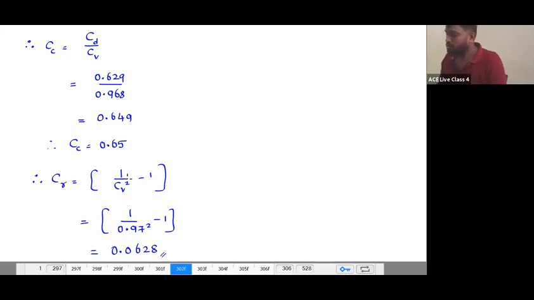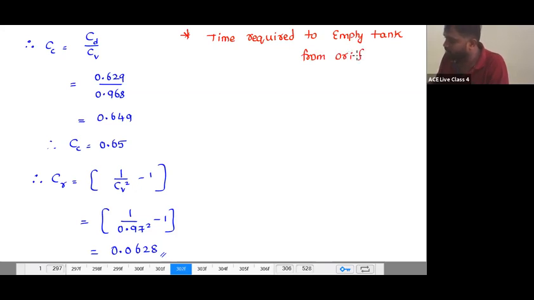Okay. Now, time required to empty tank from the orifice. Time required to empty tank from the orifice.